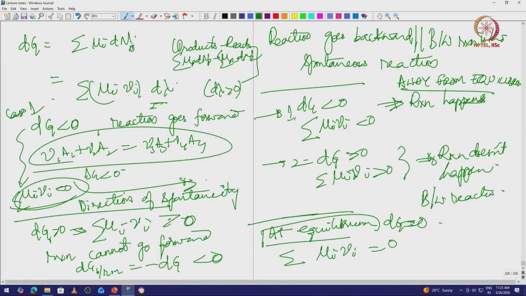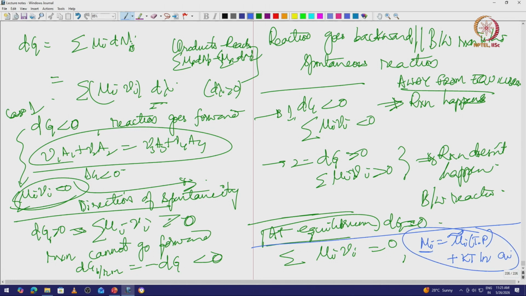Mu I itself, let me change the color, is mu I of the pure compound, right, at that temperature and pressure, plus kT ln AI, activity, right. So, this equation we know from our solution thermodynamics.